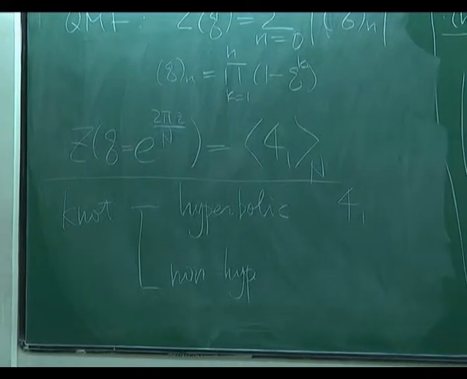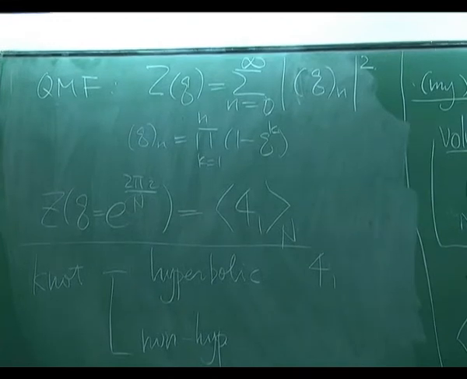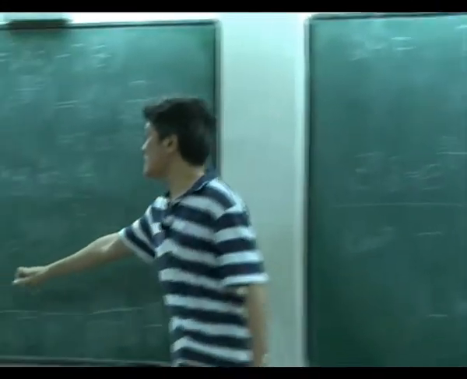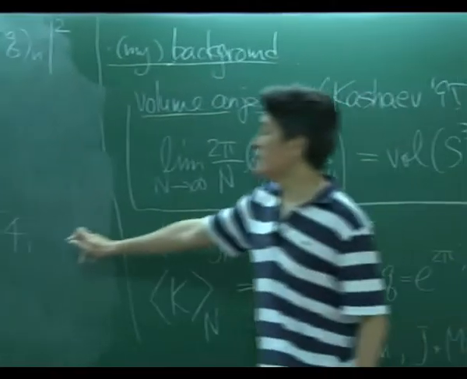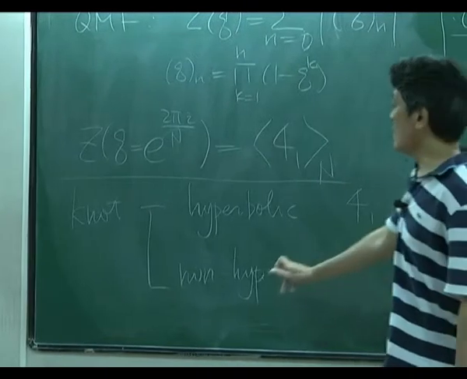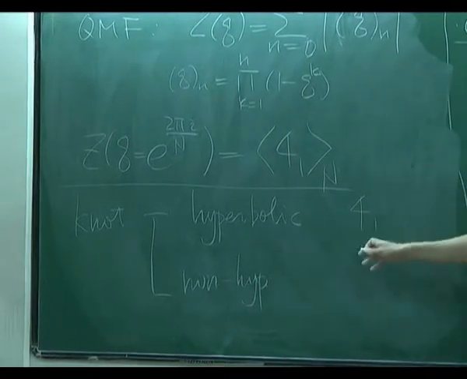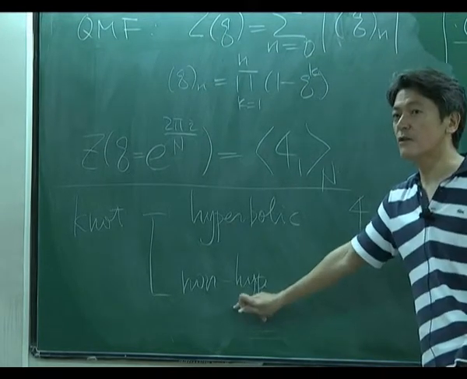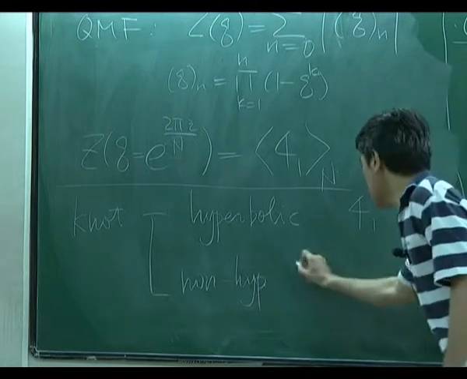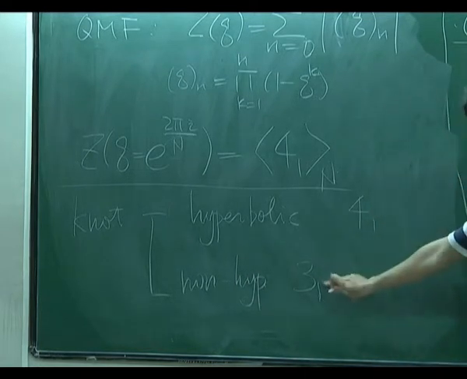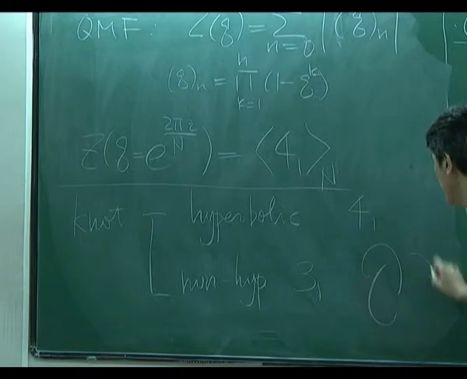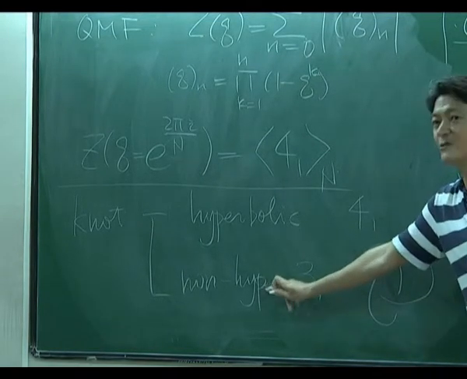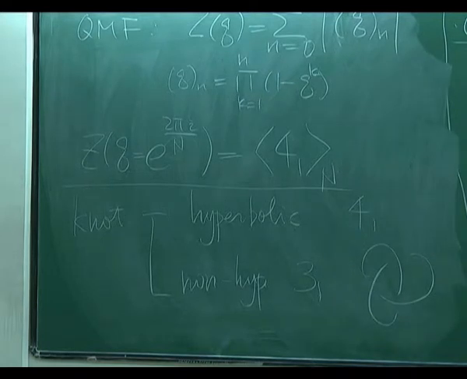In this case, just taking a limit is simple computation, but to obtain asymptotic expansions like this one is difficult. So I want to show that a much more accessible invariant comes from the non-hyperbolic knot case. The trivial knot belongs to this class, but it is not interesting. So I want to study this case.